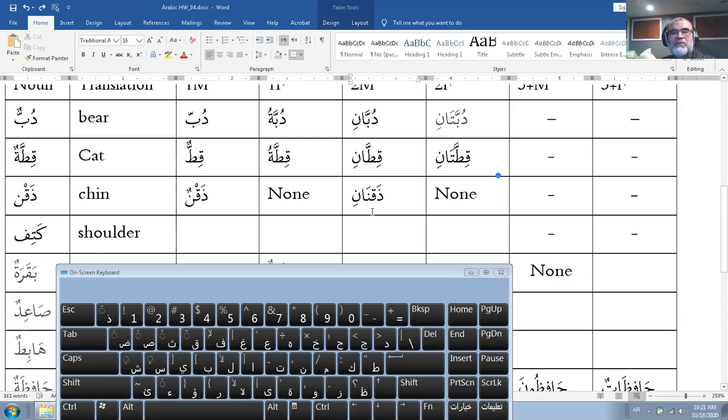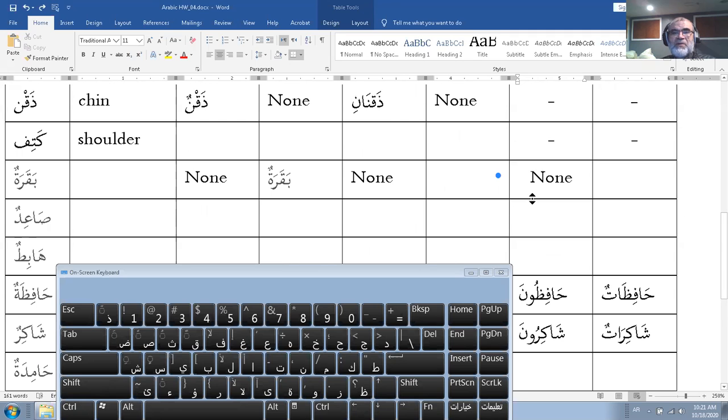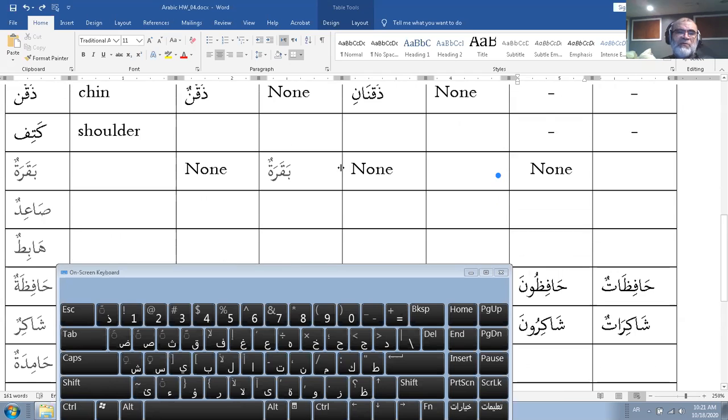I add alif noon. Daqnani. And it's an irregular plural because it's not a noun derived from a verb. So baqara is a cow. It's a noun that's not derived from a verb. So we make it baqaratan.